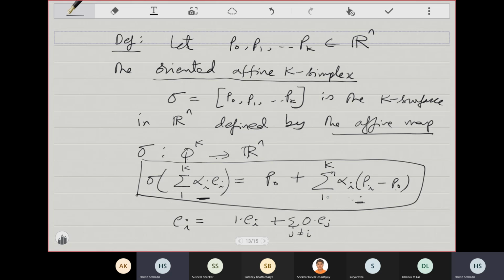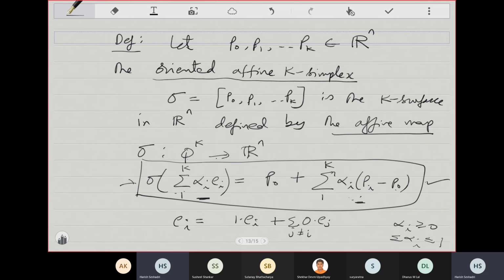I'm defining it like this. Obviously, for the statement to make sense, I make the same definition here, but I no longer put the condition that alpha I is greater than or equal to 0 and sigma alpha I is less than or equal to 1.